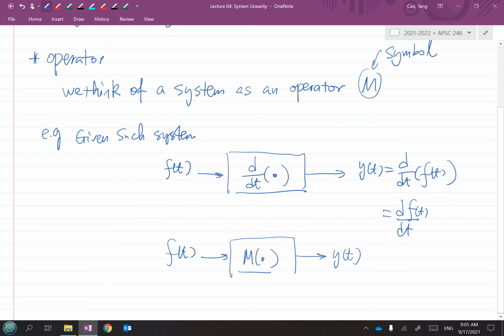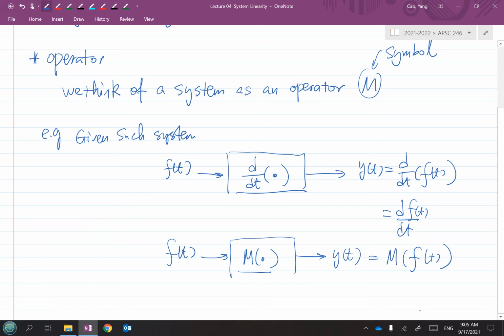So the output here is just M f of t. Now you have a very general expression to represent the system. You're using this simple M as an operator representing whatever the system could be. This is a simple one. It could be more complicated than this.